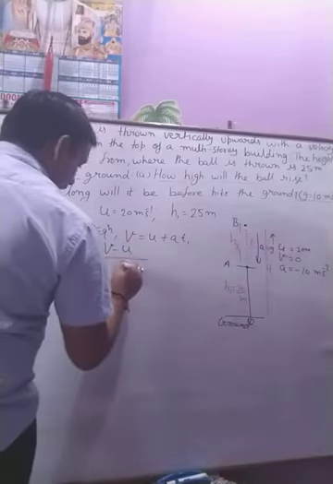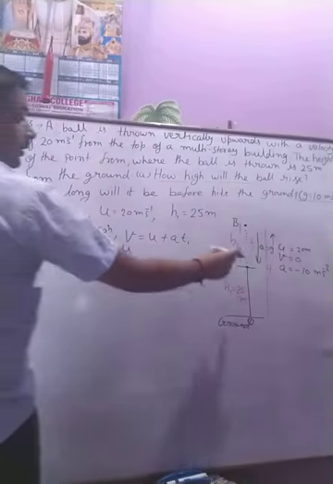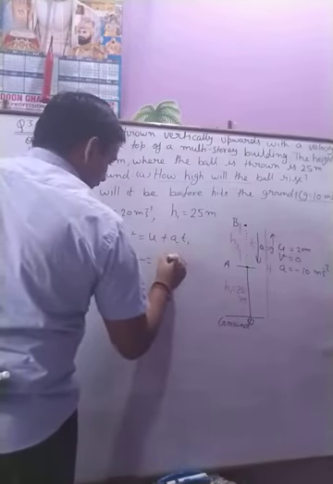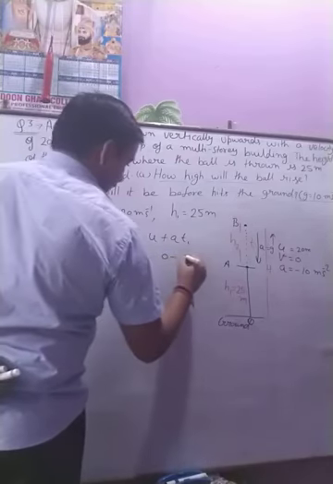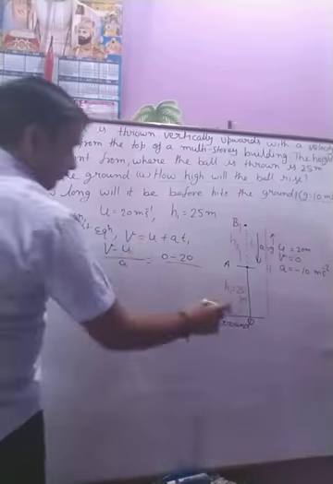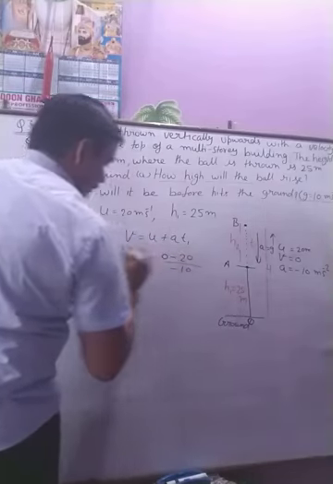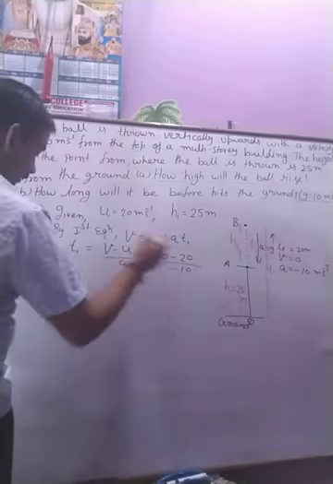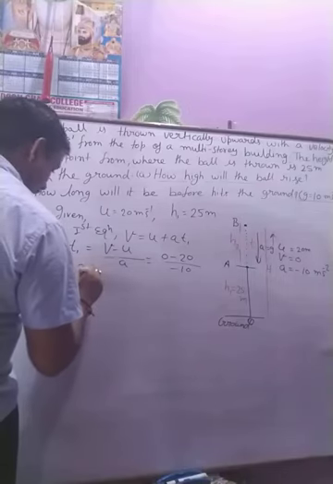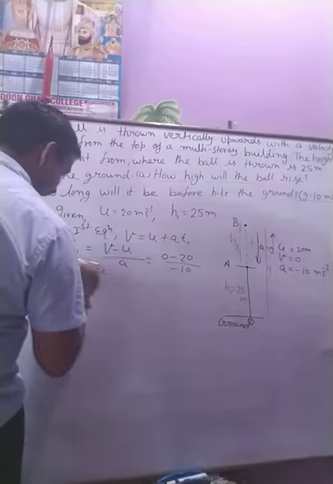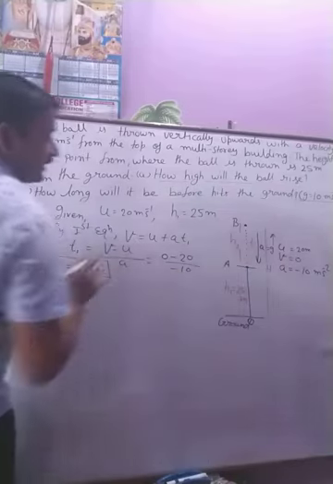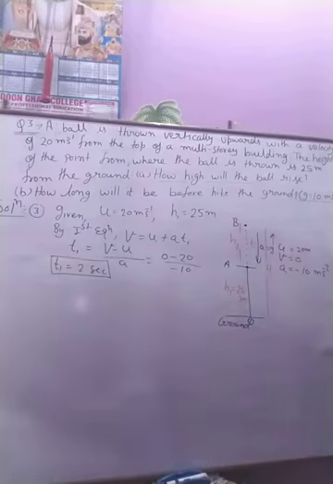So here we have v, when the ball reaches B, is 0, and u is 20, and the acceleration works downward so it is also negative. Therefore t1 is 2 seconds. ये तो इसका पहला टाइम है जो ये A से B तक जाने में रहेगा.